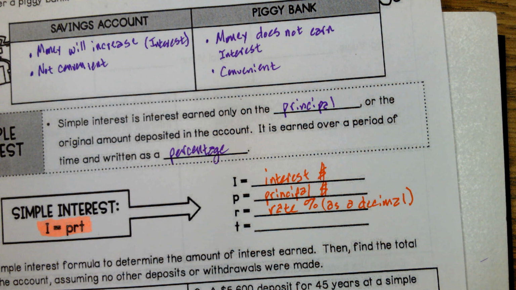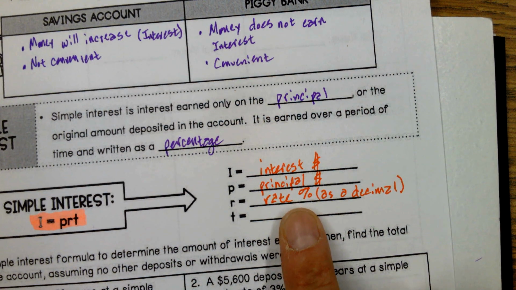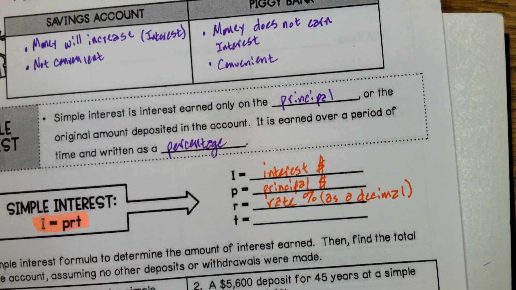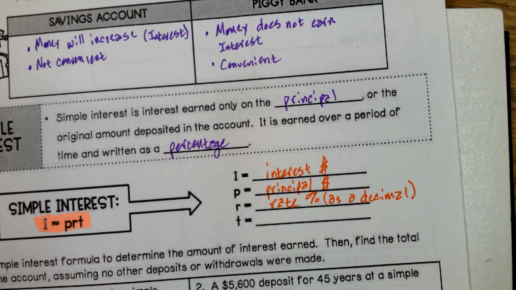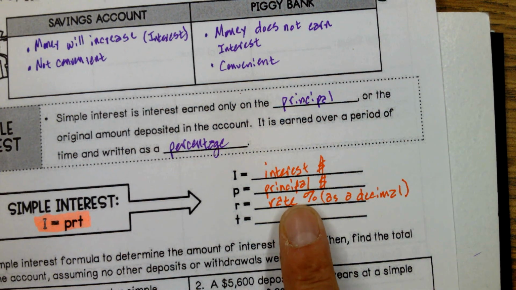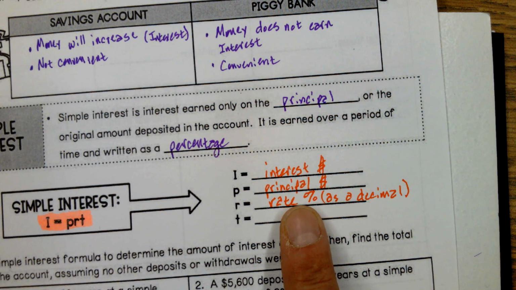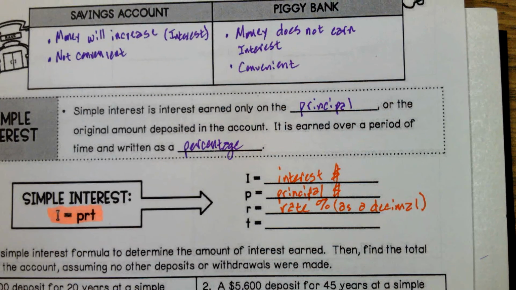Now, remember we talked about saving money and promising not to take it out. Well, basically, if you sign one of those special contracts with the bank where you promise not to touch your money, and if you do touch your money, there's a penalty. They'll charge you a fee.